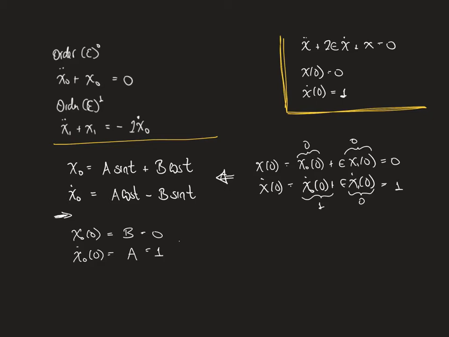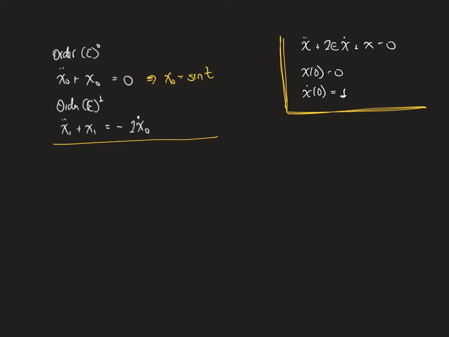So from this we know that x0 is nothing but sinus of t. So we will just write this here. This has already a solution, which is x0 is equal to sinus of t.